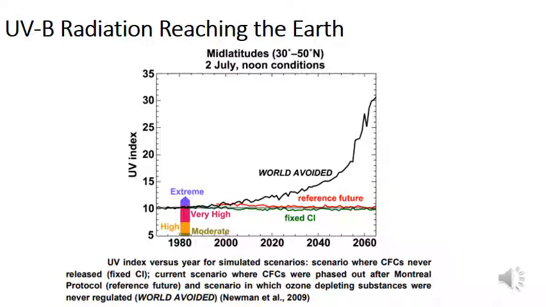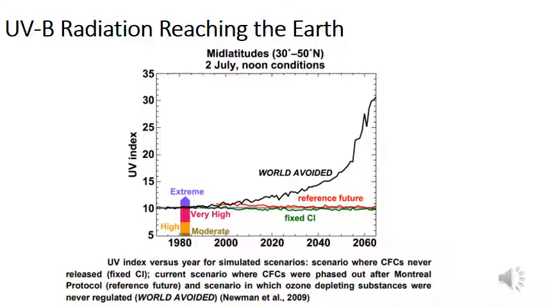The successful implementation of the Montreal Protocol contributed to reducing to a great extent the emission of ozone-depleting substances. However, due to the resilience of ozone-depleting substances, ozone levels may not recover until 2050.